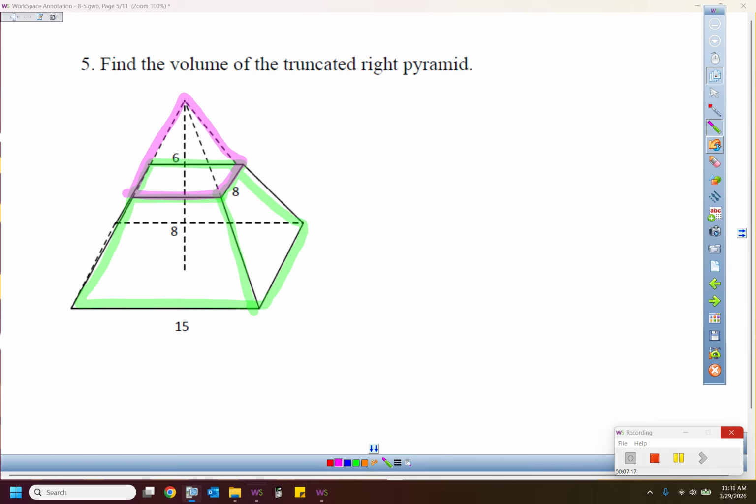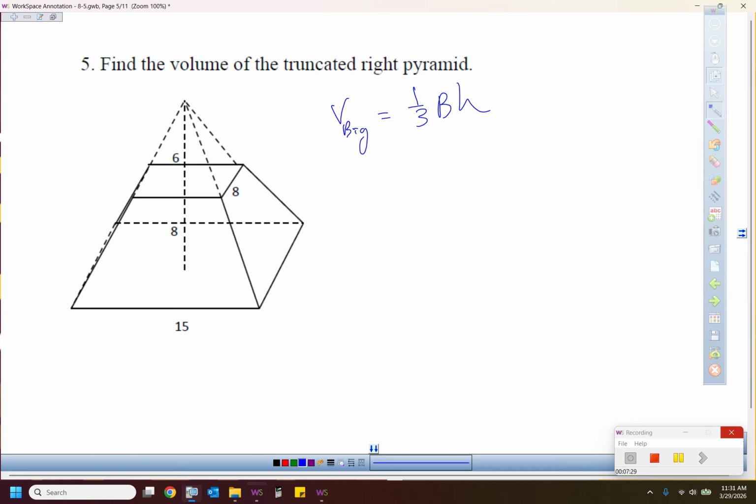We will label each one of these like V sub big. It'll be 1/3 base area times height. And the big pyramid's got a base of 15 by 15. So that'll equal 1/3 times 15 times 15 is 225. And the height of that guy is not just this little 8. See that 6?